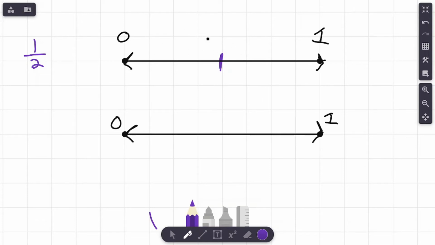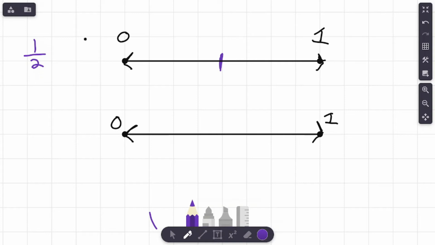Here is 1 section, 2 sections. Notice they are equal. Now, where I'm going to put 1/2 is whatever my numerator says. My numerator says I'm going to put it at the first section we partitioned. The numerator tells me what section to put our fraction at.